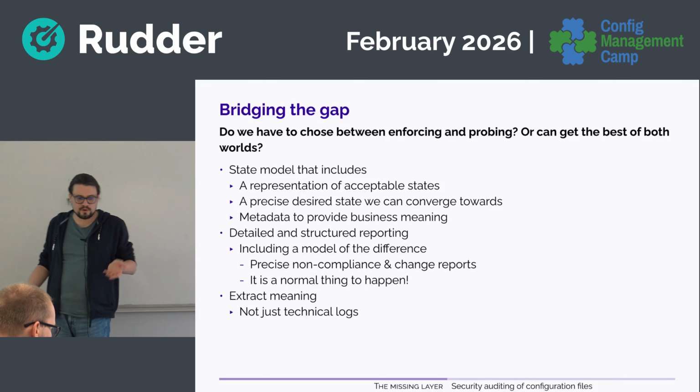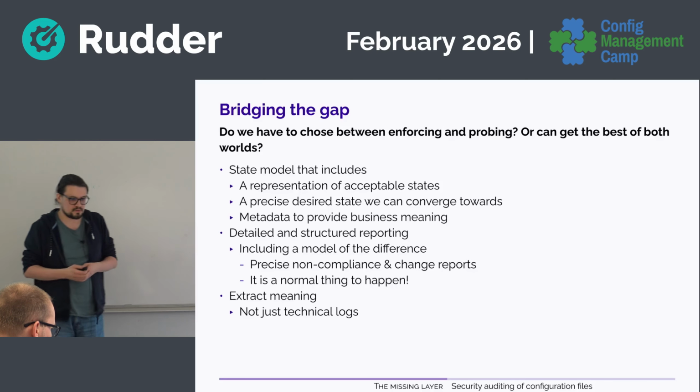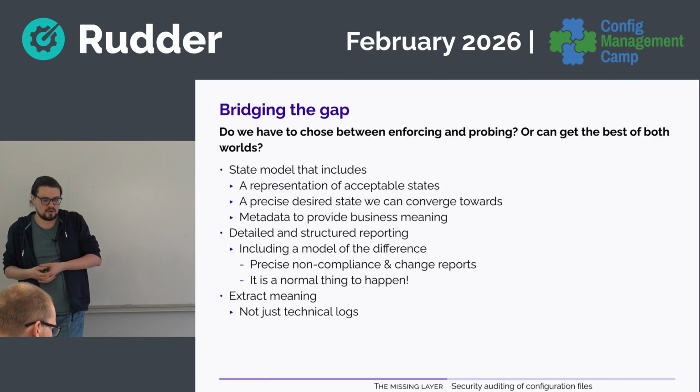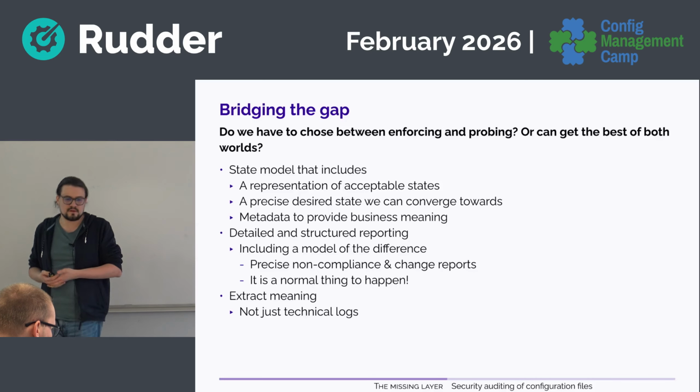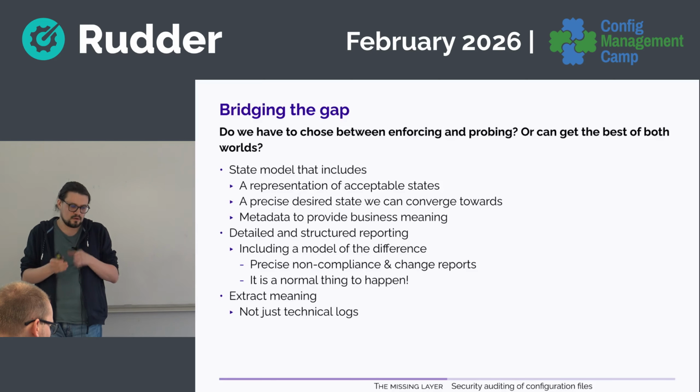So the problem we had is that we have a configuration management tool. We want to do security auditing. What do we do? We could develop a separate tool for this, but that's not something we want to do. What would be ideal would be to find a way to include the audit needs in our tool. So what would we need in order to do that? We need to enrich our model to include the concept of acceptable state and not always a specific desired state.